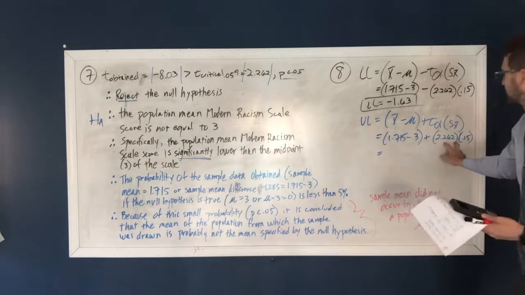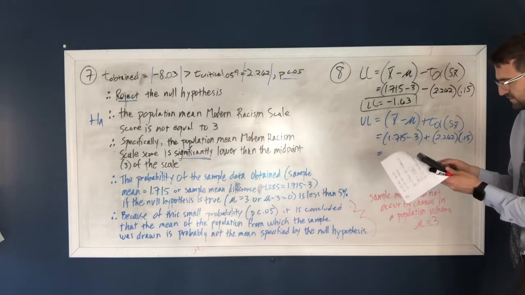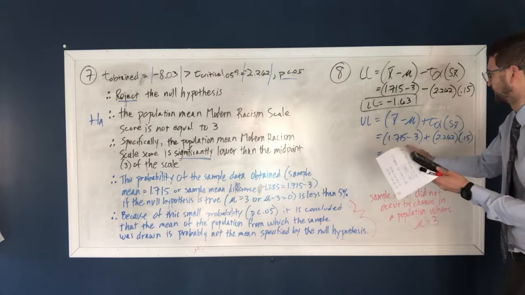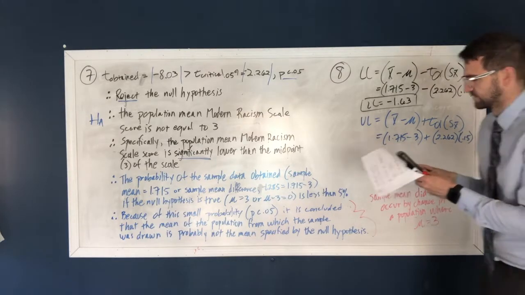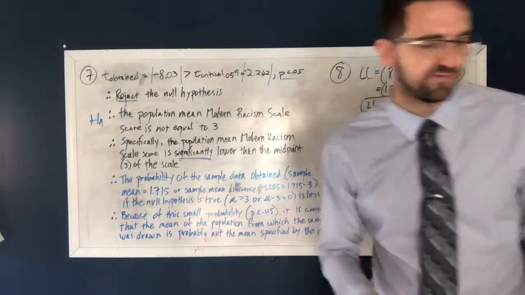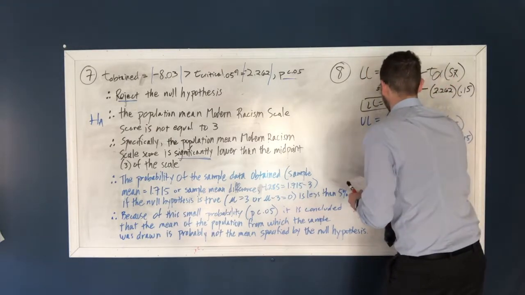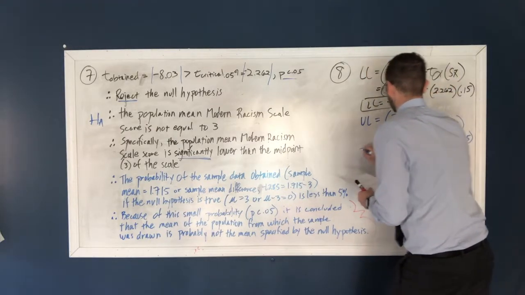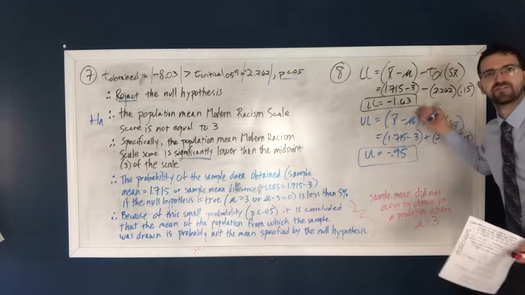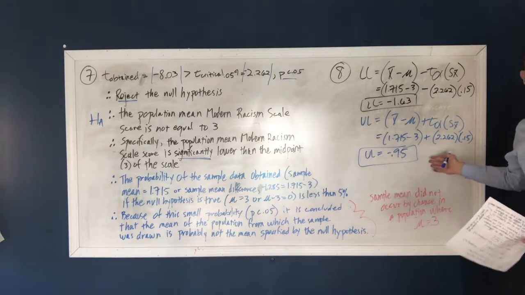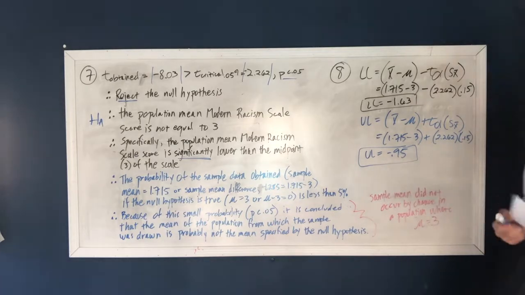Yeah, so once again, this is going to be 0.34, and I forgot what this one is, so let's do it again. 1.715 minus 3, and this is going to be plus 0.34. So it's going to be a negative 0.95. Okay, so there you have your lower limit and your upper limit in terms of looking at it as a difference. So let me interpret that for you.